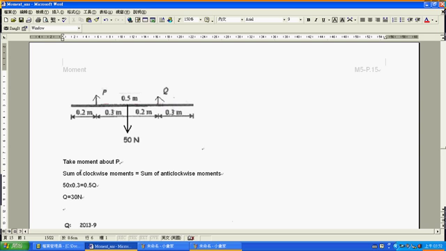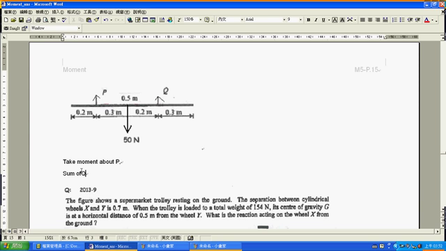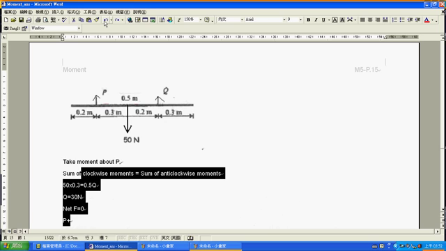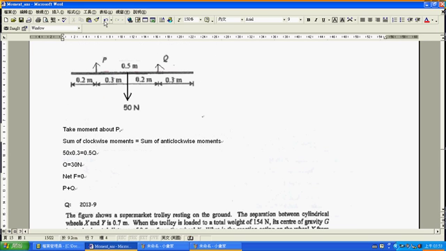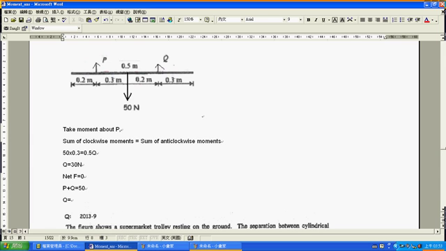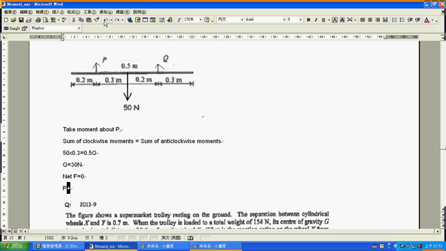Okay. So the net force should be equal to 0. So P plus Q, what is it? P plus Q equals 50.